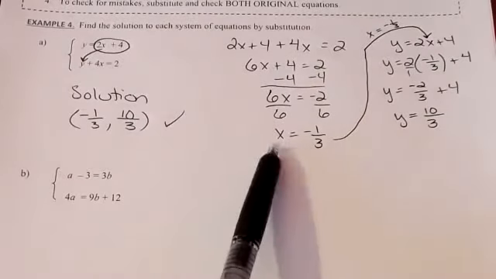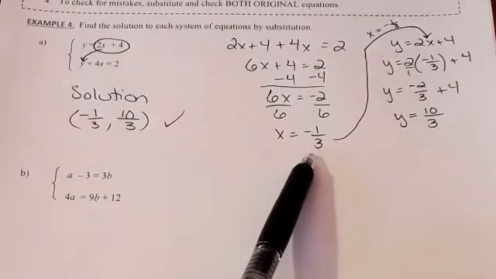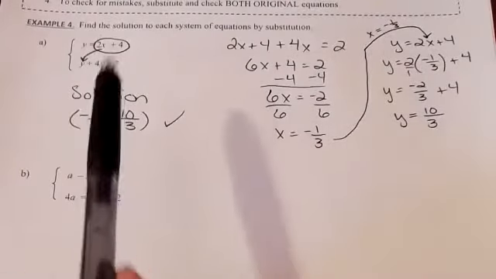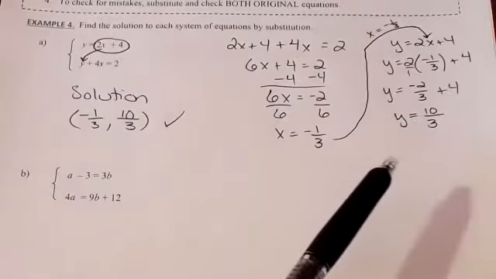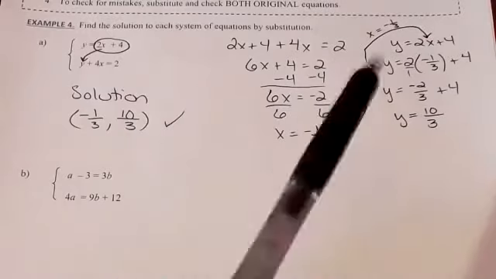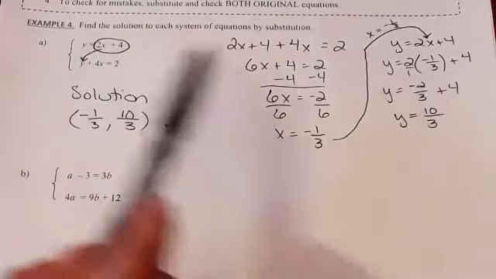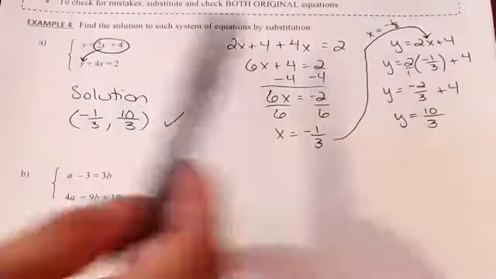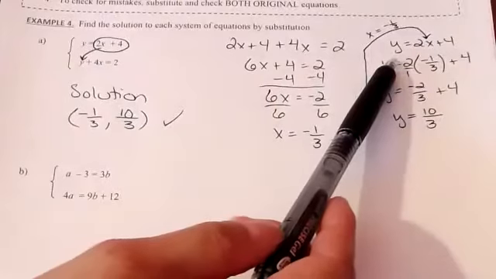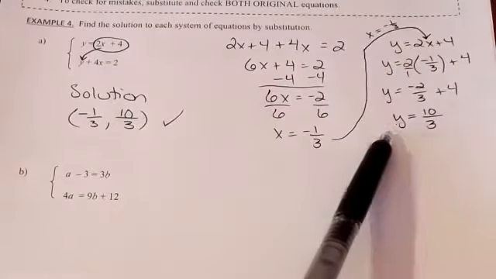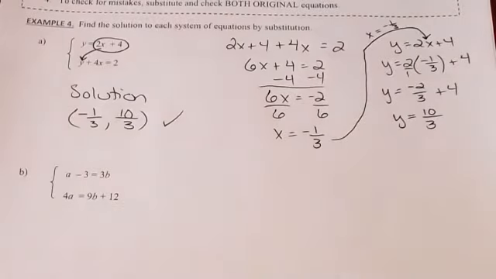Once we found our x coordinate, which by the way could have been our y, but once we found one of our unknowns, we always want to plug back into one of the original equations to find the other unknown. My advice to you is always plug into the ones that are easiest. For us, I would say the y equals 2x plus 4 is the easier of the two because y is already by itself. So all you have to do is sub in for x and solve, and bam, you have your y.